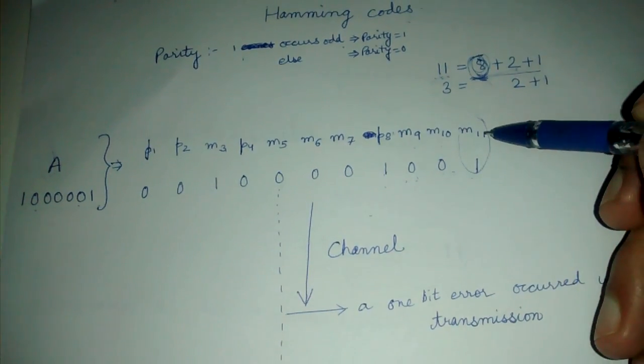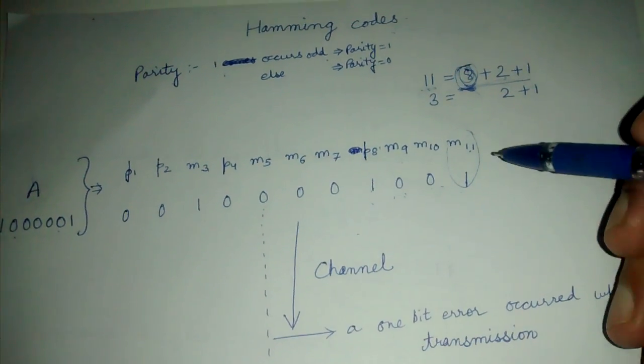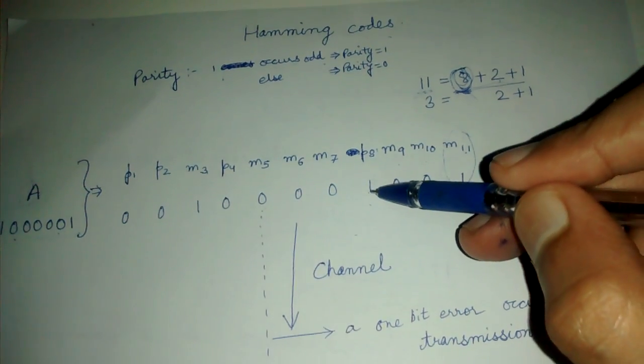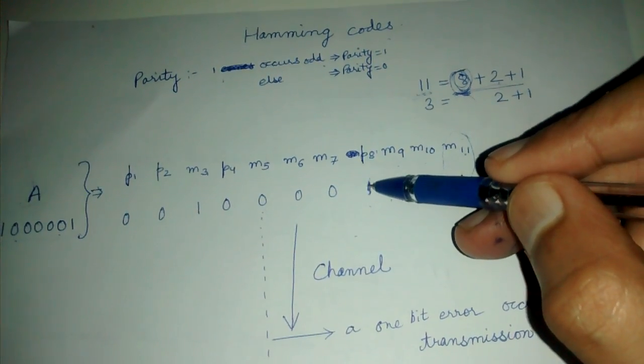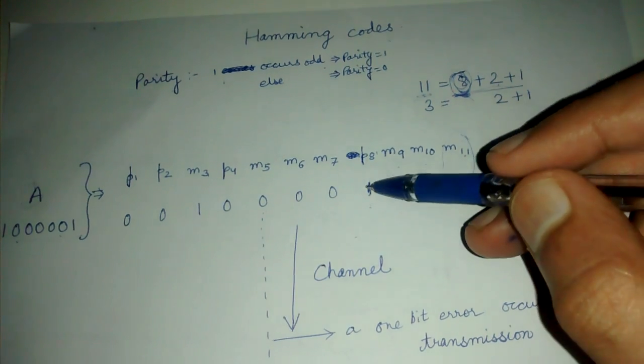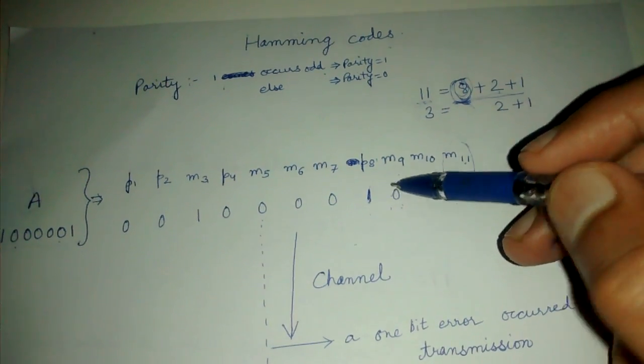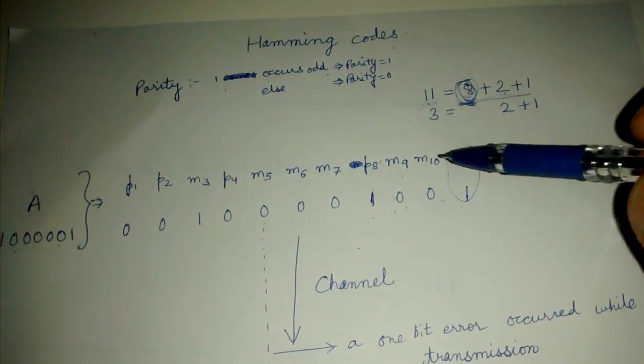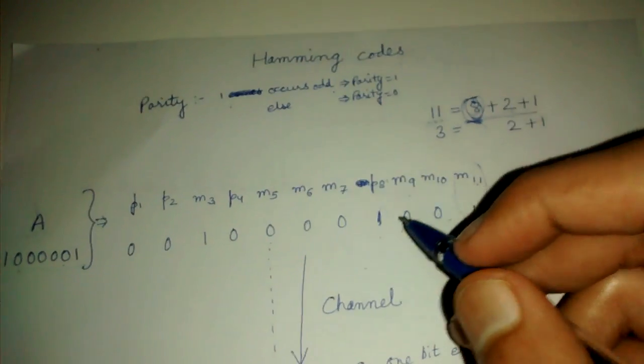So P8 will be affected by M11. That's why it's 1, because only M11 is affecting it. M10 and M9 are 0 anyway, so they will not affect the parity.